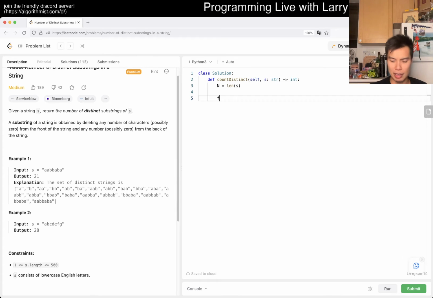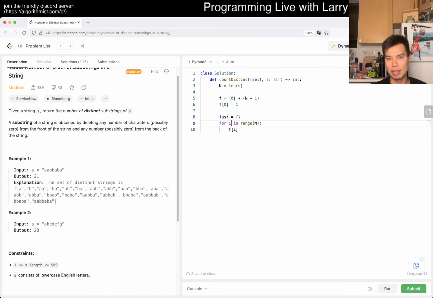Okay, fine, right? So then F is equal to 0 times N plus 1. And then F of 0 is equal to 1, and then for I in range of N, and then F of I, maybe last is equal to, right? So then here F of I plus 1 is going to be equal to just adding everything from the previous count minus the last time that we duplicate, right?